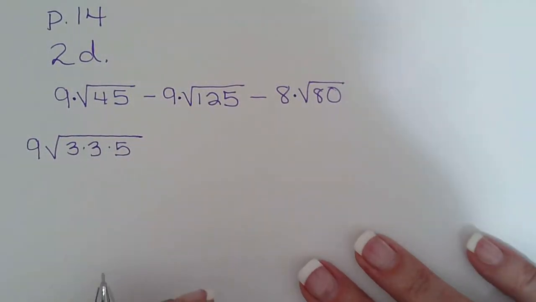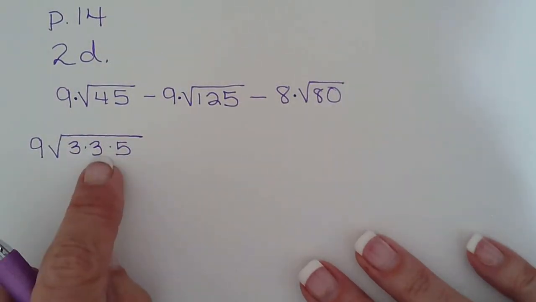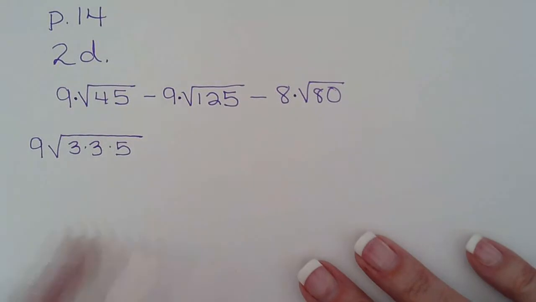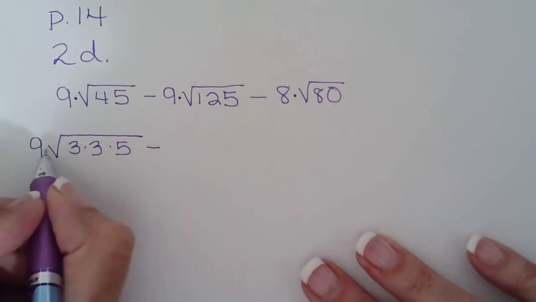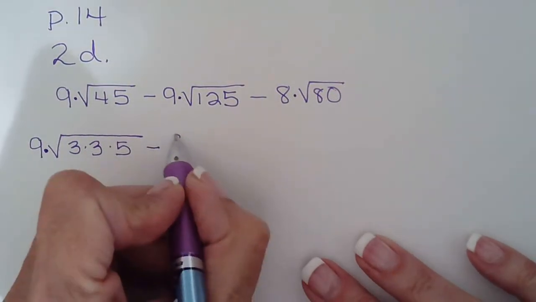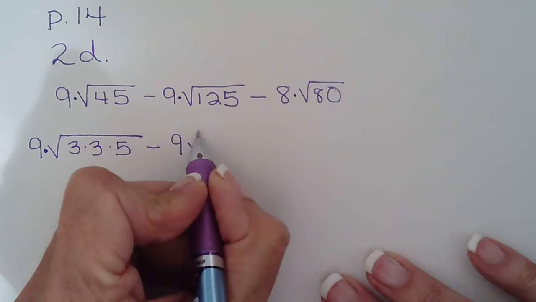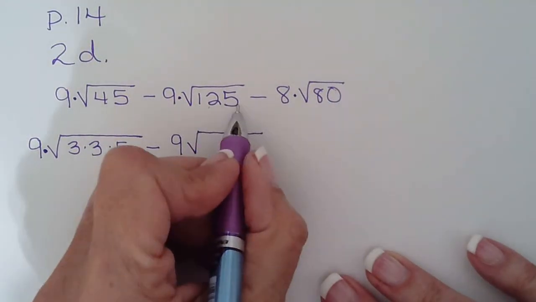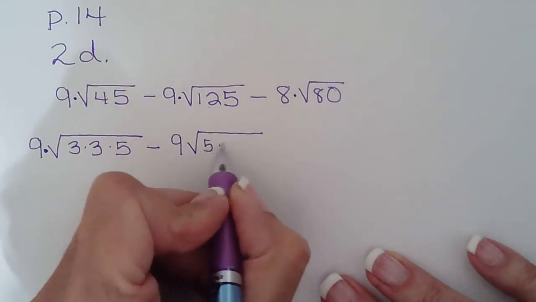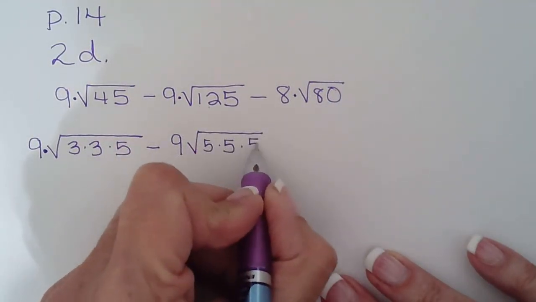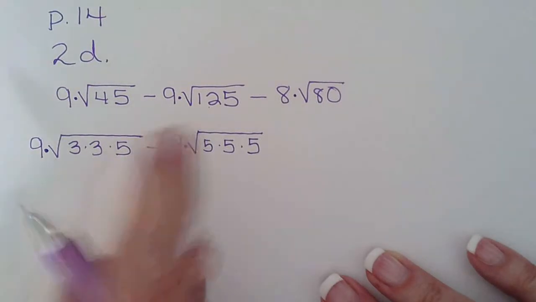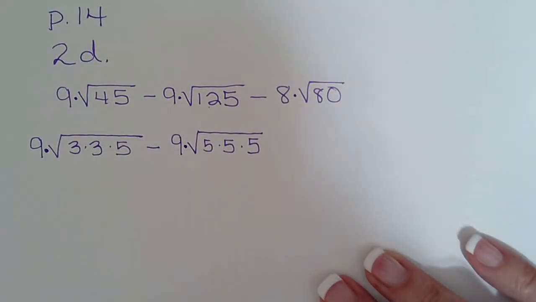So when I can do them in my head, I usually just do that because 9 times 5 is 45. And we already did 125 earlier. Remember how it was 3 5s? 25 times 5, and then it's 5 times 5 times 5. So that was one of the triples you were supposed to remember.